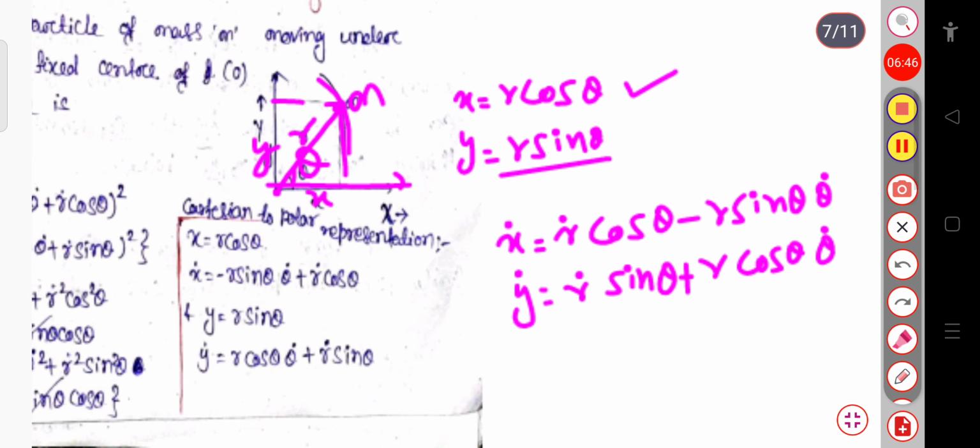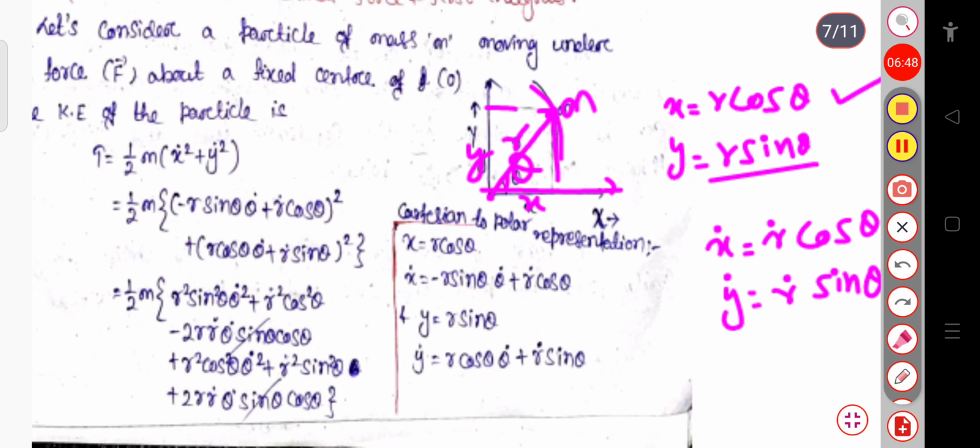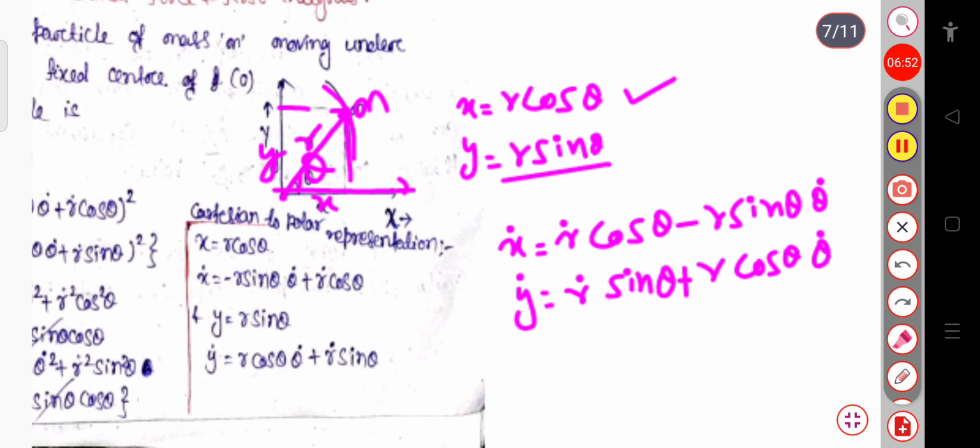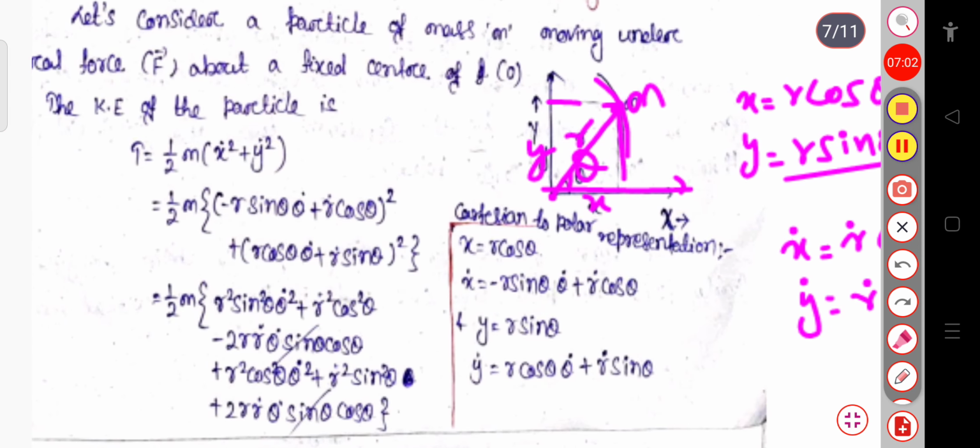Now if I substitute these values, x dot square means this total term square, and for y dot square I have to consider this total term square. So T equal to half m for the x dot square, this much, for y dot square this much. Now if I put it in (a plus b) whole square form, then 1 by 2 m is taken constant.